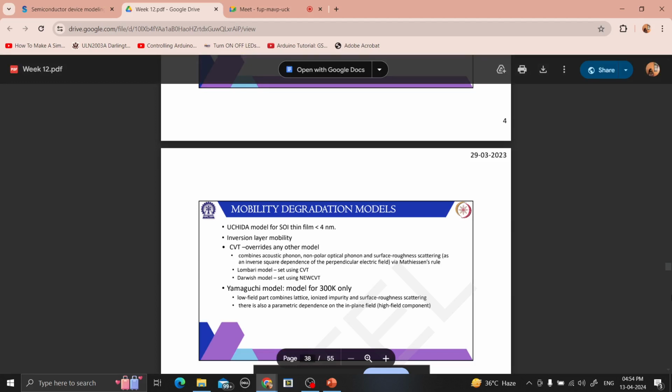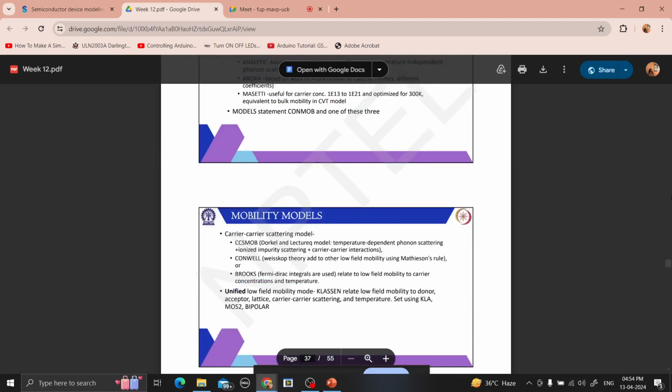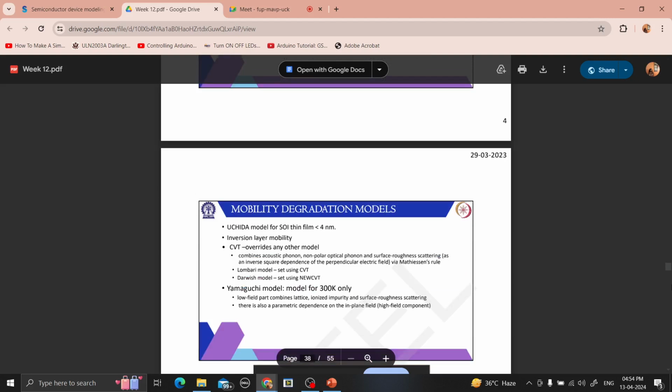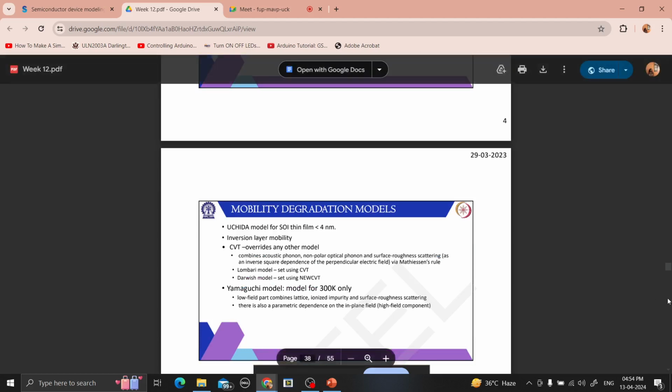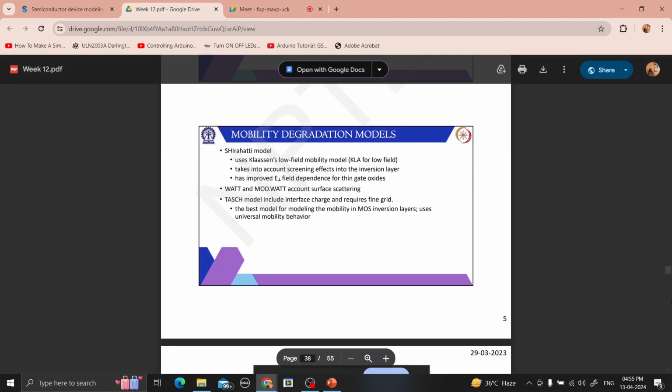You can see how many models there are, so many models. Those are used for specific purposes. For example, this is for 300 Kelvin only. So during simulation you have to be careful about what you should use.